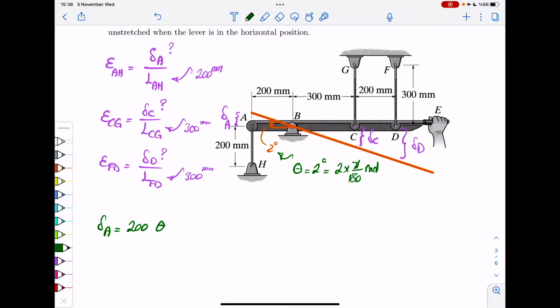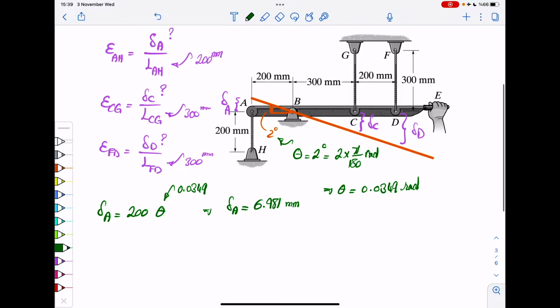So theta is essentially 0.0349 radian. So we insert that here, and we get delta A to be 6.981 millimeters.